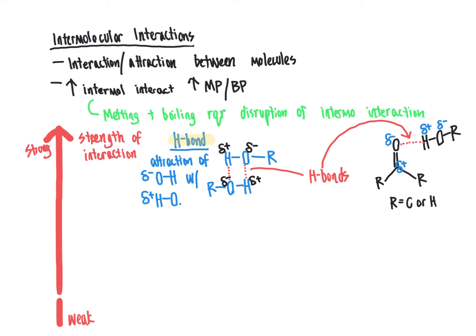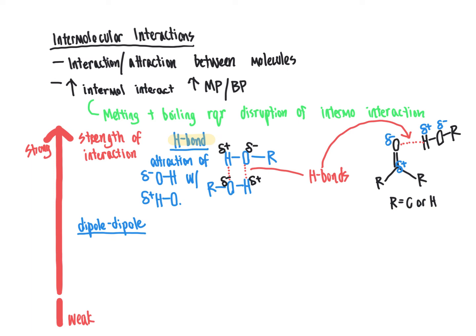Going down the list to the next weakest intermolecular interaction on the list, we have our so-called dipole-dipole interaction. Dipole-dipole interactions also rely upon the fact that bonds are polarized, meaning that the electrons are unevenly shared within the bond. Hydrogen bonding is an extreme example of that, where we have an oxygen and hydrogen bonded with very different electronegativities.